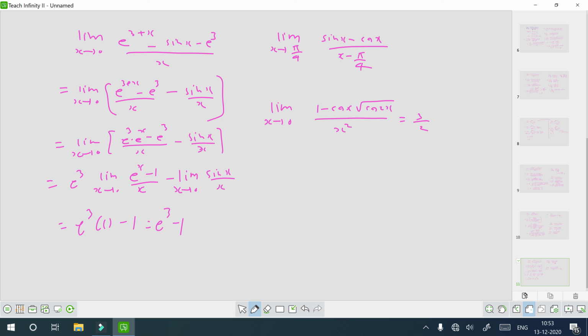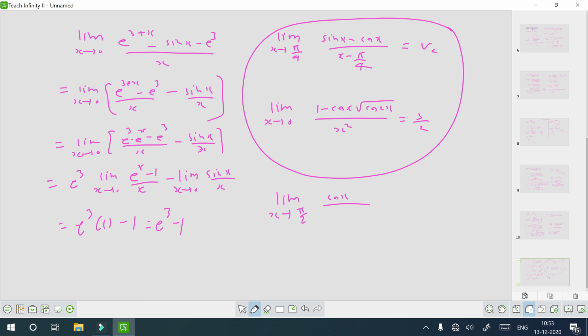If you solve this one, then you get the answer root 2. If you are not able to solve, then post me your difficulty, you can post to me. Limit x tends to pi by 2, cos x over pi by 2 minus x. Convert it to sine. Then you get the answer 1.